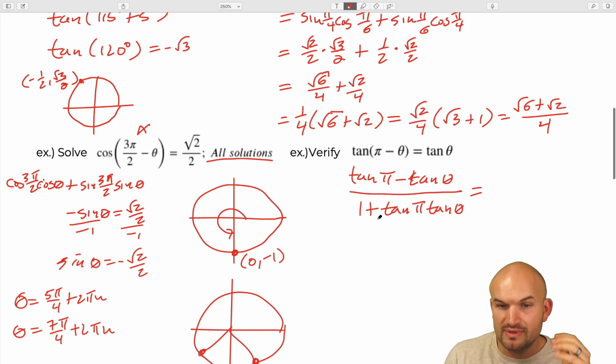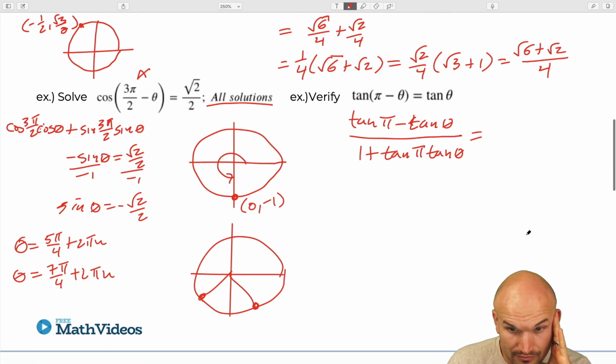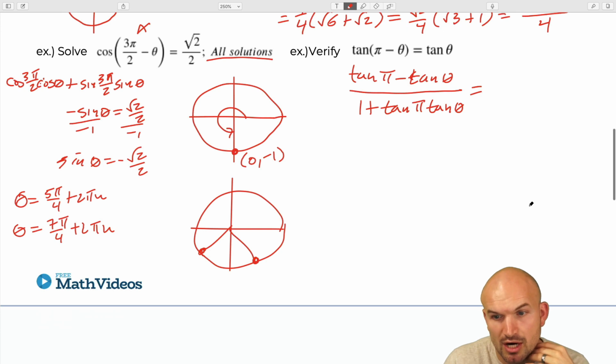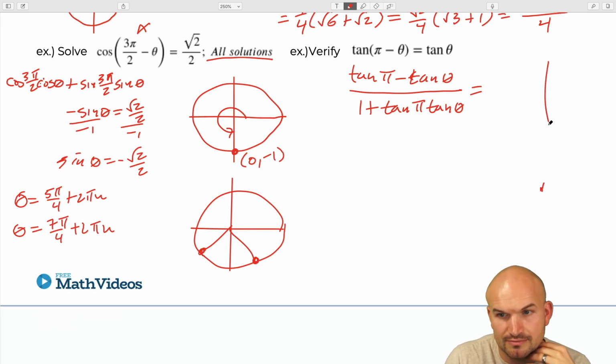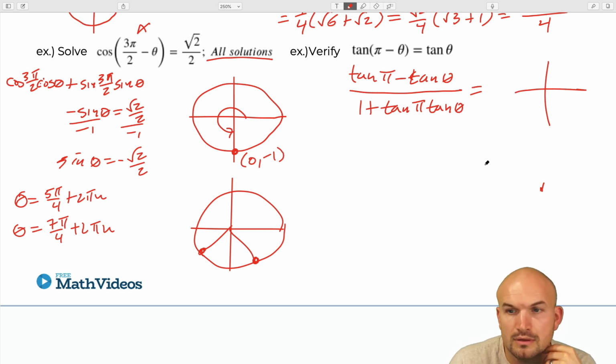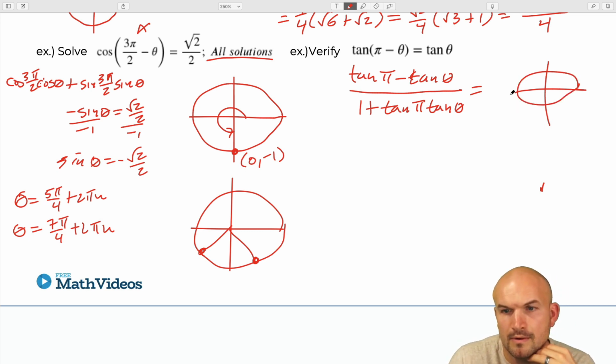So what's the tangent of pi? Going back to our unit circle, tangent of pi is right here, at the point negative 1, 0. If you took 0 over negative 1, that'd be 0.